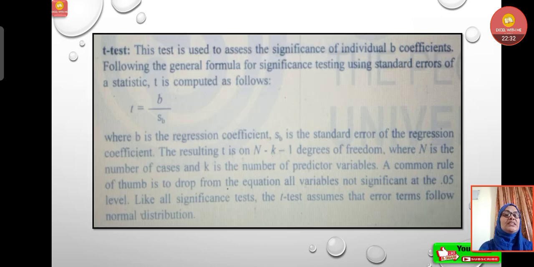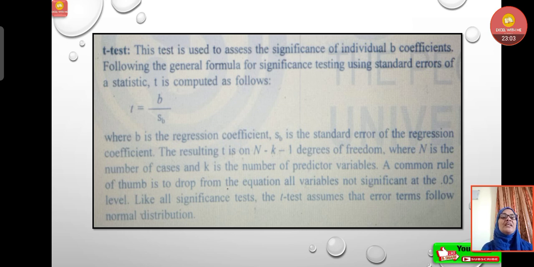So the t-test, this is also a very important one. This test is used to assess the significance of individual b coefficients, following the general formula for significance testing. Using standard errors of a statistic, t is computed as t equal to b divided by SB, where b is the regression coefficient and SB is the standard error of the regression coefficient.